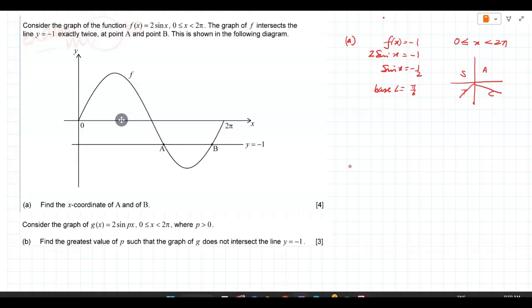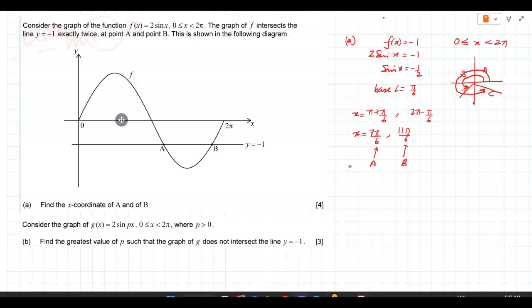So my first answer will be pi plus pi by 6. The next one will be 2 pi minus pi by 6. So x is equal to 7 pi by 6 and 11 pi by 6. So that is the x coordinate of A, and this is your B.